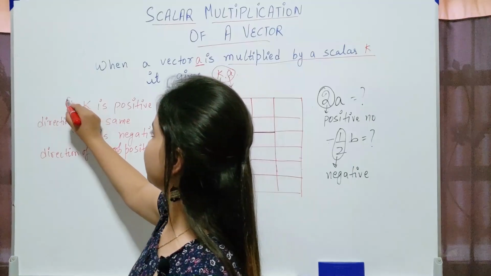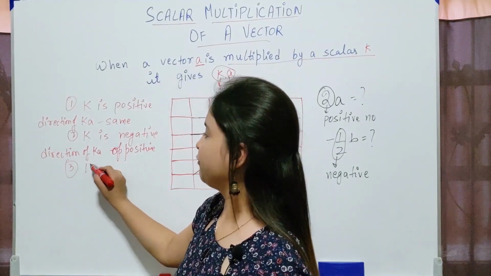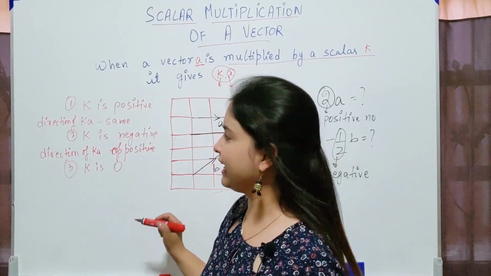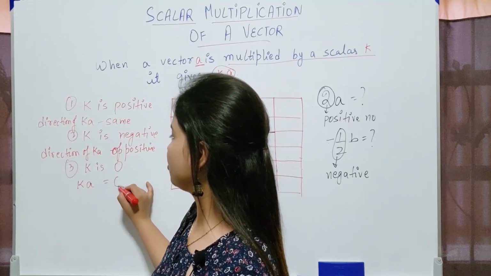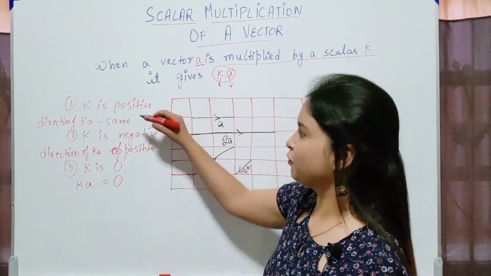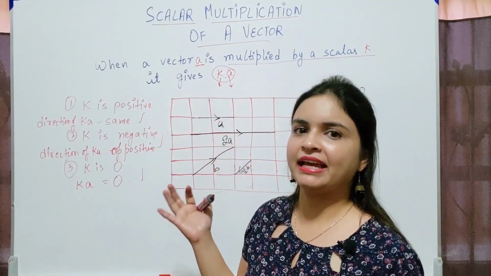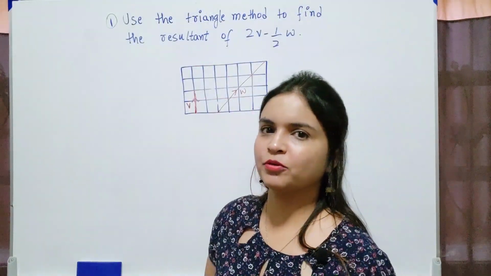This was first point, this was second point. Now, third point is if k is 0, then ka is also 0. So, we have to keep these 3 points in mind and then we can multiply any scalar quantity with a vector quantity. Let's try example number 1.